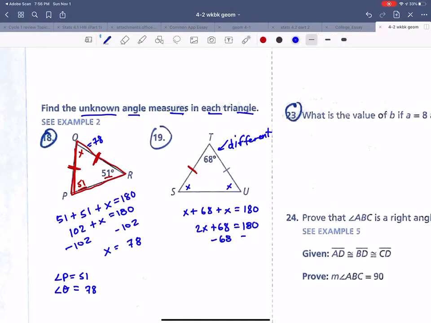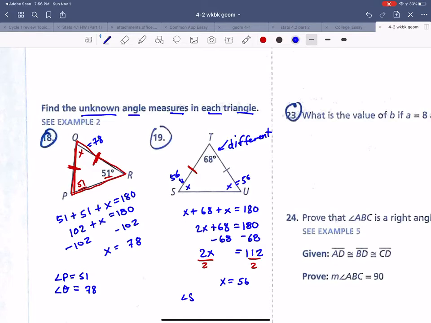Oops, I just wrote the wrong number first. All right. Cool. So it says find the unknown angle. So this one was not known, and that one was not known.